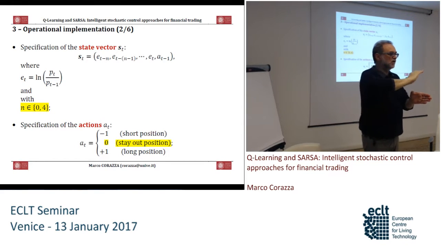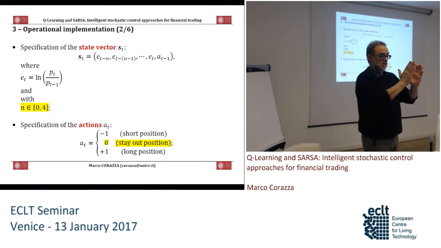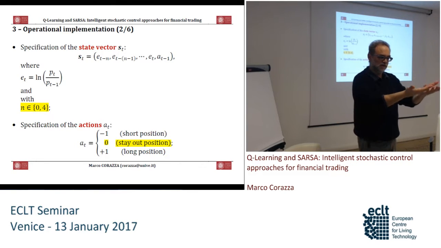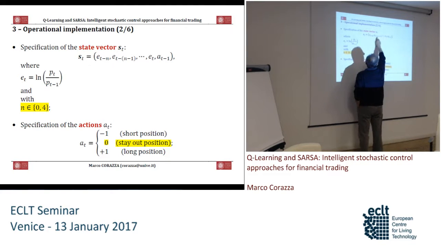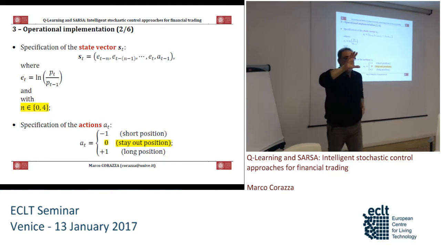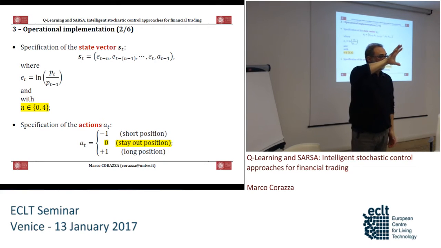They are not able to learn instantaneously the importance of the new information, but in a short time, 3 periods, 4 periods, 5 periods, they are able to learn the importance of a new information. So in this case, we use either only the current return or the current and the previous 4. I recall that 5 daily returns is equivalent to a week of trade.